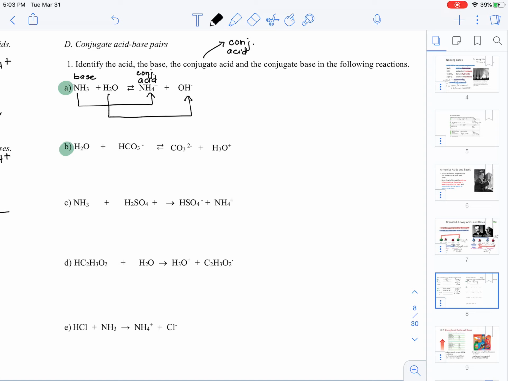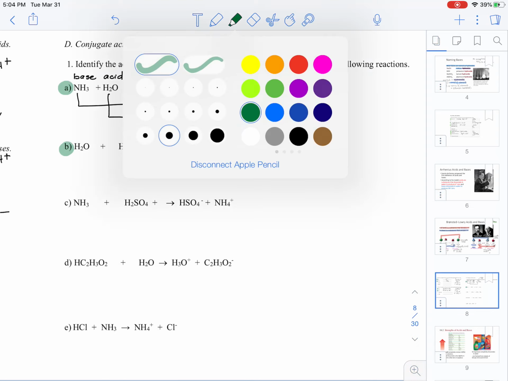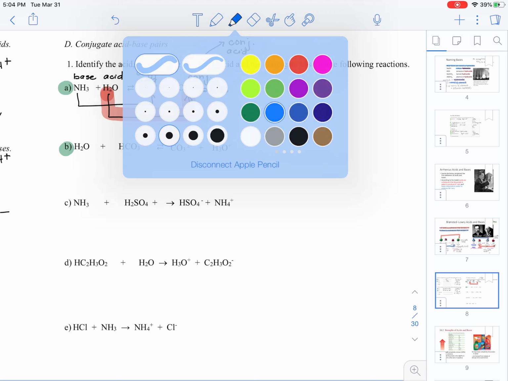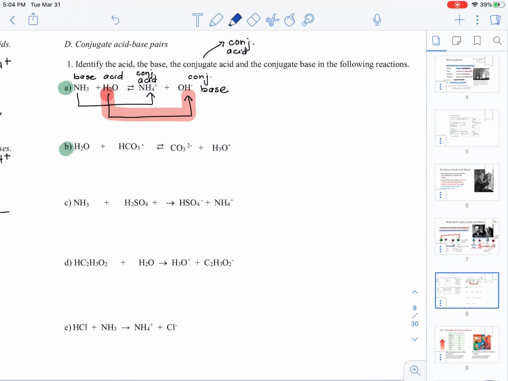So that means that it reacted as an acid, and the molecule that results after water has lost that proton is called its conjugate base. To keep the same labeling that I've done before, as you can see, water was an acid. This is its conjugate base. Ammonia was the base, and it gained that proton.